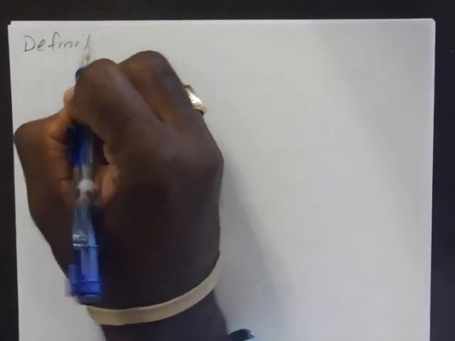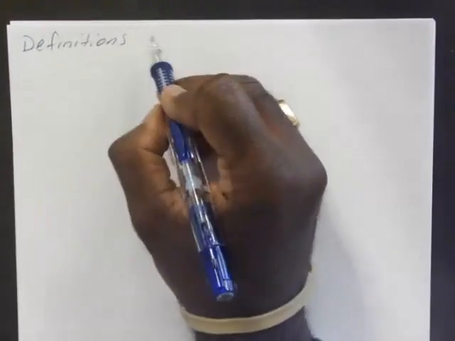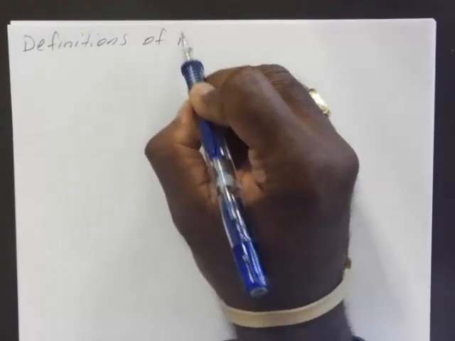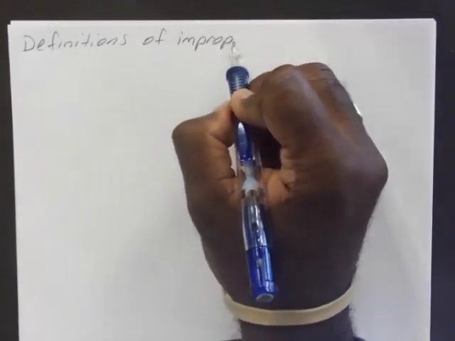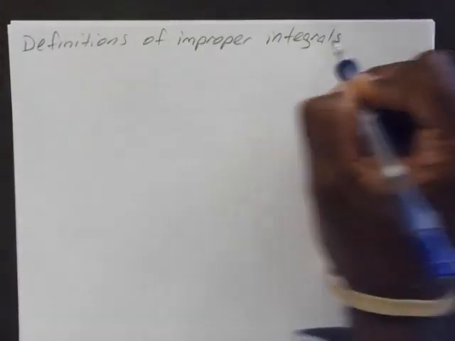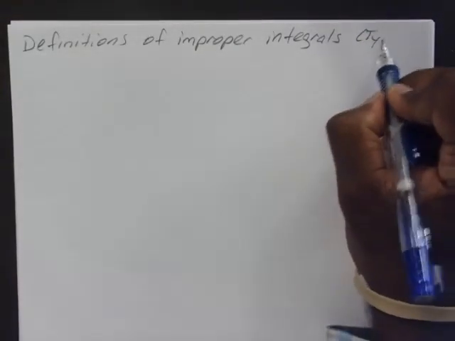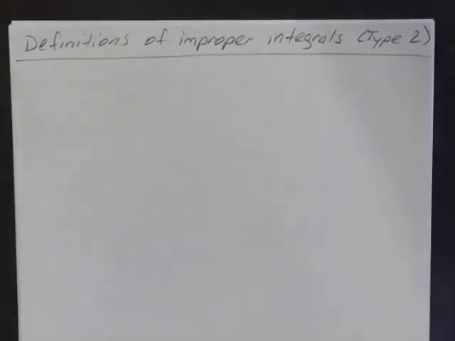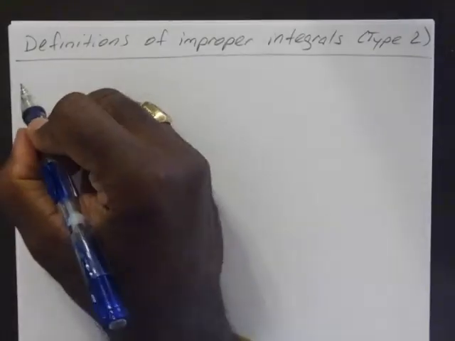Okay, so these are your definitions of improper integrals that are all considered type 2. There's the one we just showed.